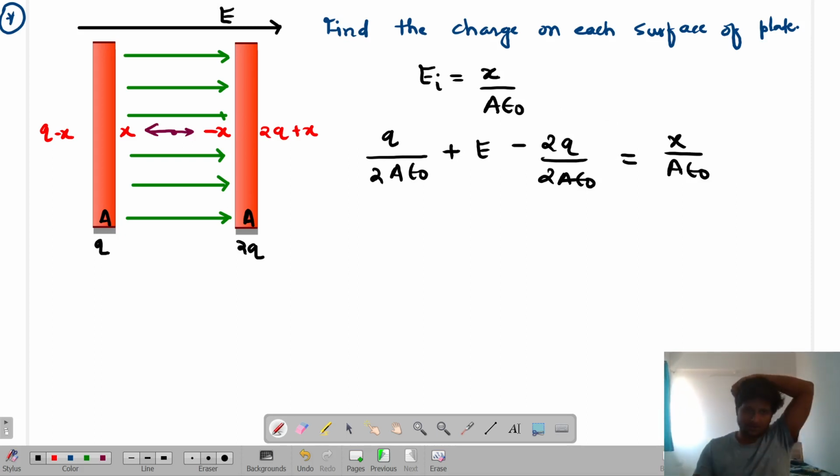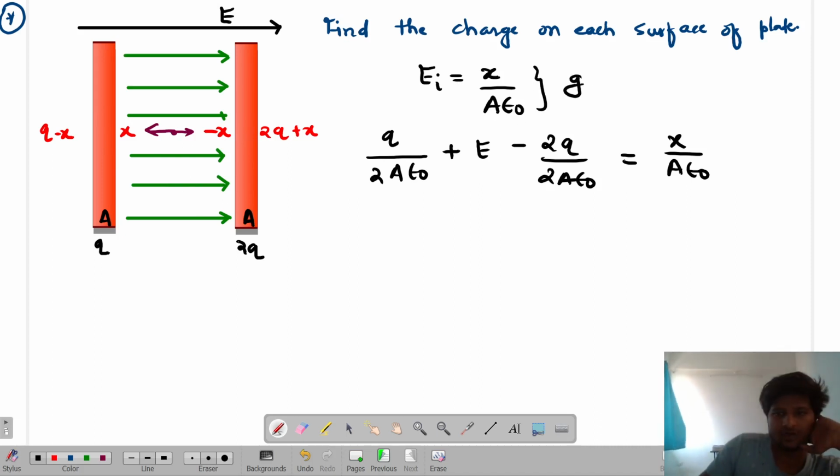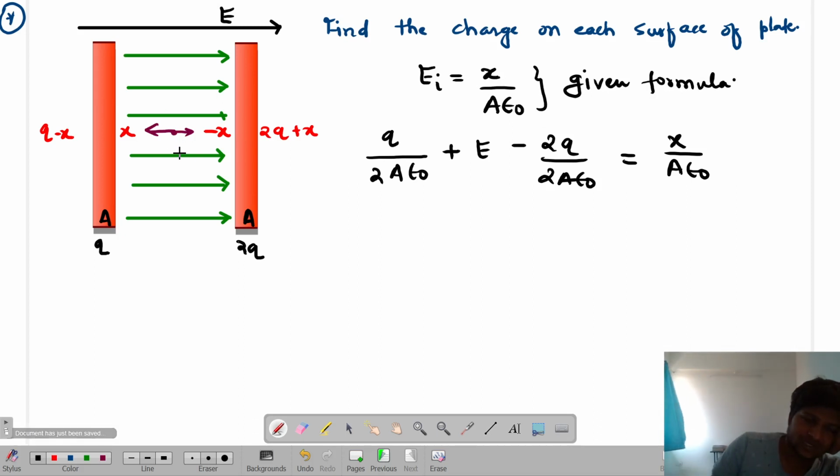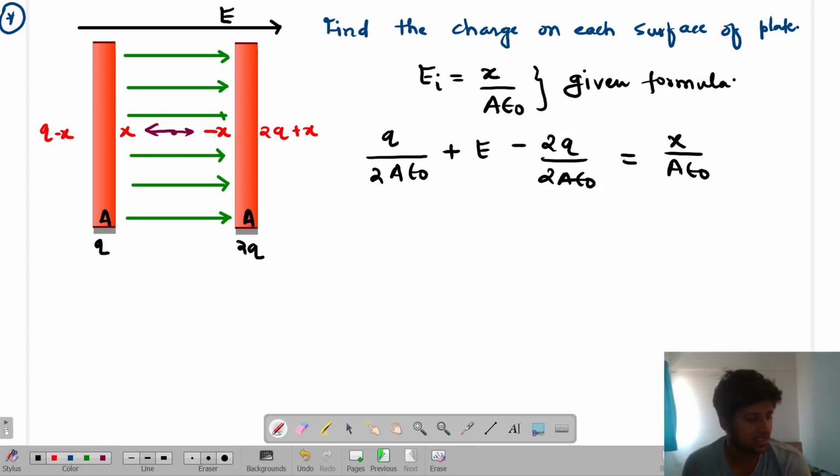What I did first, as I know, I separated my charges. Then the internal electric field is Q inner by A epsilon naught. That is the given formula, isn't it? Now, for the interior, select any random point in the inside region, because for the plates the electric field does not vary with distance.